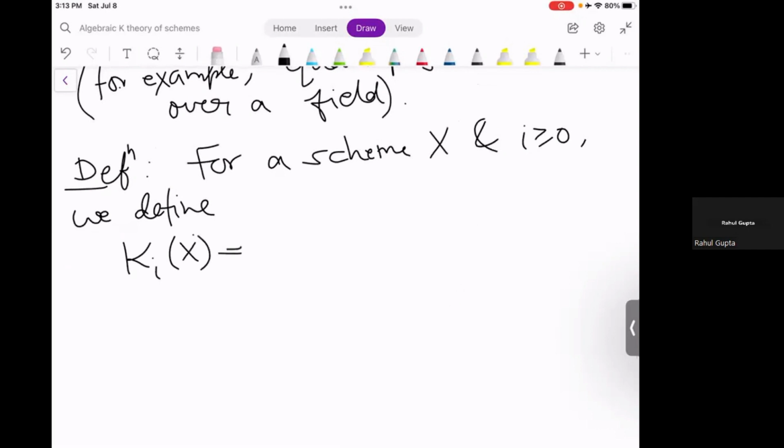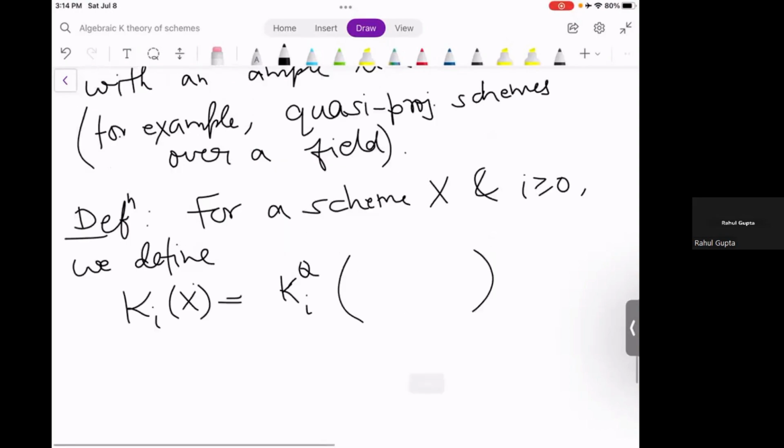Can someone say what I should write? Which exact category should I take? This has to be the K theory of which exact category? Recall what we did for rings.